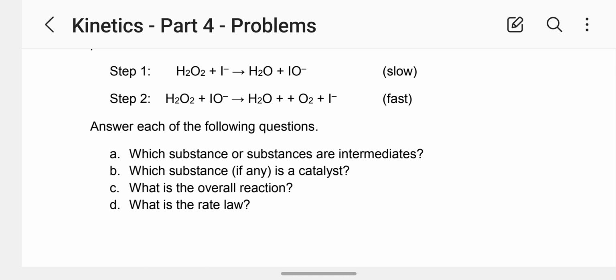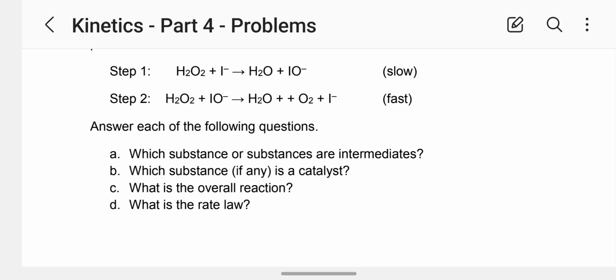You can see in the second step that the catalyst in this reaction is also the hydroxide ion. It is an intermediate being used in the second step, causing the reaction to be faster and making more ions, oxygen gas, and H2O water too. So the catalyst is hydroxide ion also.